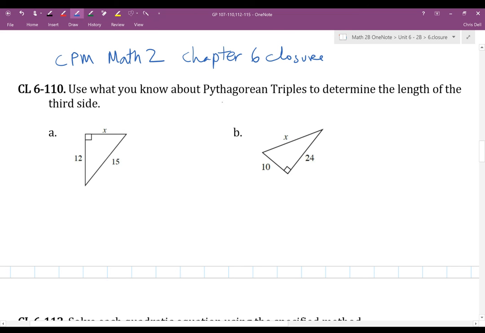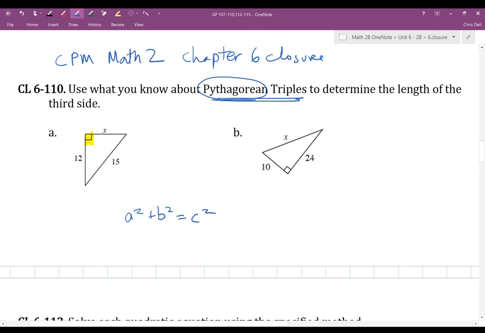It says, use what you know about Pythagorean triples to determine the length of the third side. Remember, when you have a right triangle, and we know it's a right triangle because this little box in the corner tells me that's a 90-degree angle, we have the Pythagorean theorem: a squared plus b squared equals c squared.